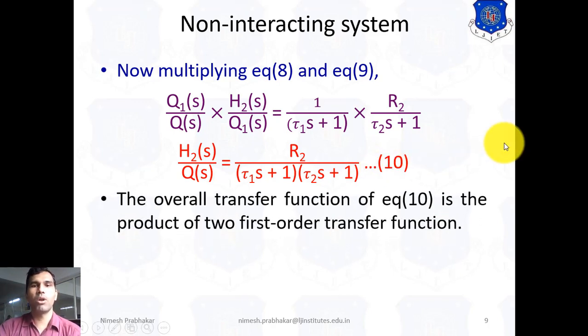Here the overall transfer function of equation number 10 is the product of the two first order transfer functions, that means the multiplication of the two first order systems. So this is the non-interacting system.